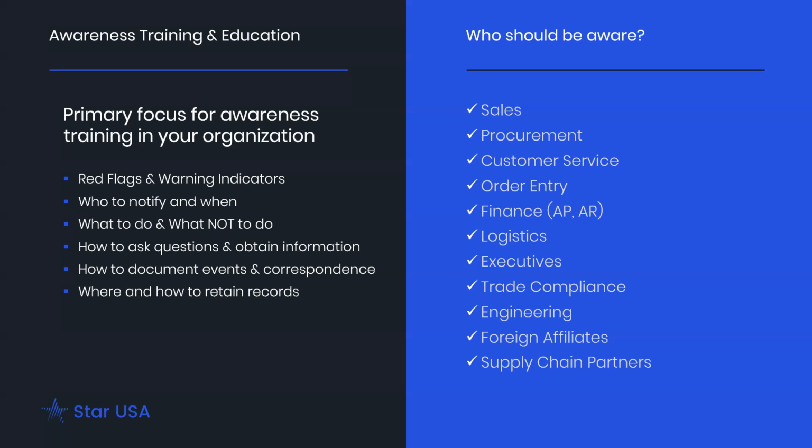That's happening a lot right now with things like COVID having supply chain disruptions around the world, things like the Suez Canal being backed up, the port strikes, fires. All of these things are causing disruptions to the supply chain, and ensuring that your supply chain partners are communicating with you when changes occur allows you to conduct additional screenings or evaluate the circumstances a little bit more deeply than you would have otherwise, because they notified you in a timely manner.